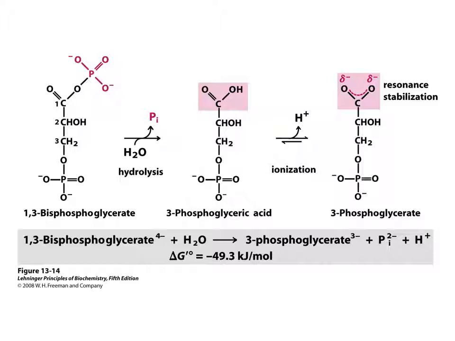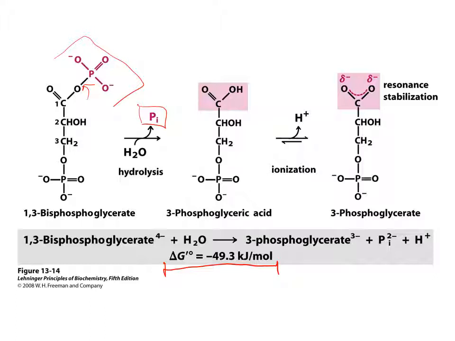It has a phosphate group attached to the oxygen on C1, and when we hydrolyze this group here, of course we release the inorganic phosphate by cleaving this anhydride bond here between the oxygen and the phosphate. Now this reaction releases energy of minus 49.3 kilojoules per mole.